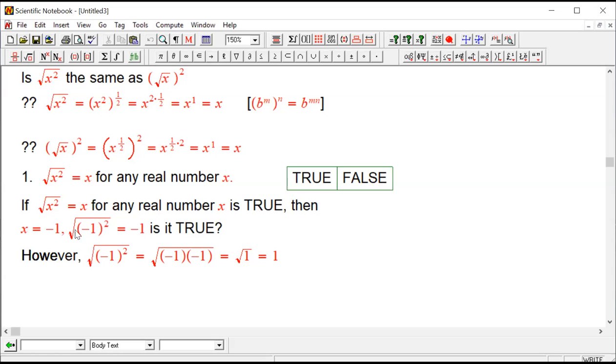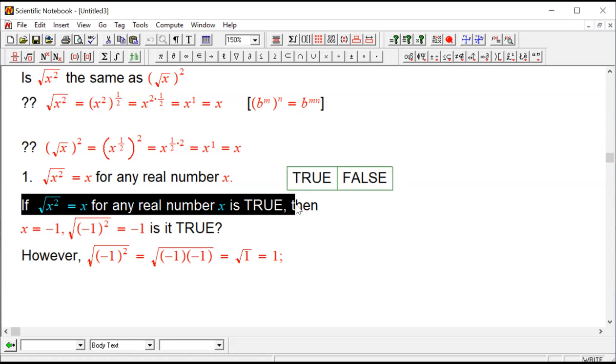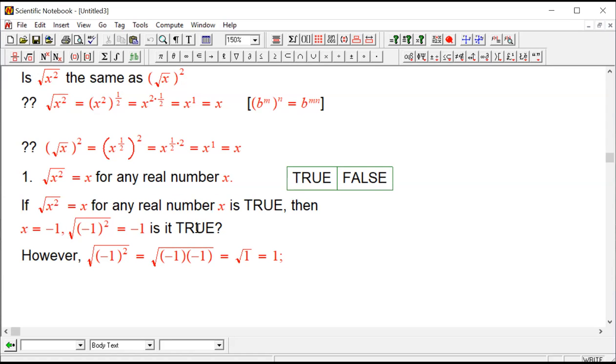So as a result, if we assume this is true, this is going to lead us to +1 equals -1. That's a contradiction, right? That apparently is wrong.